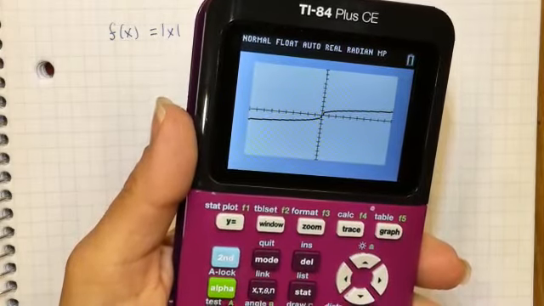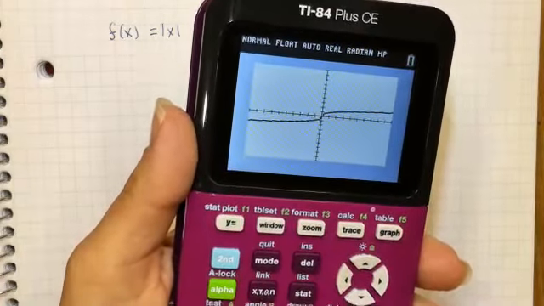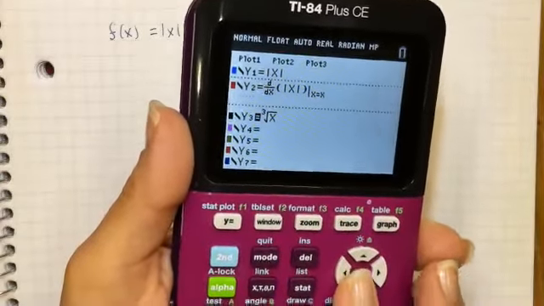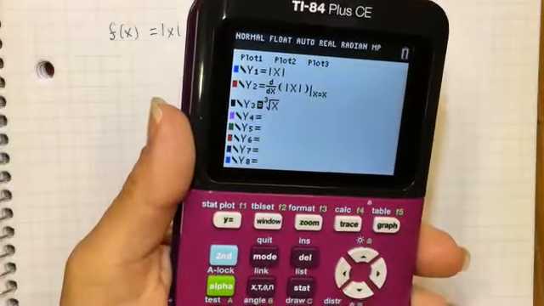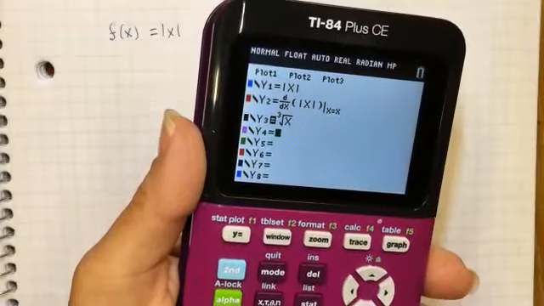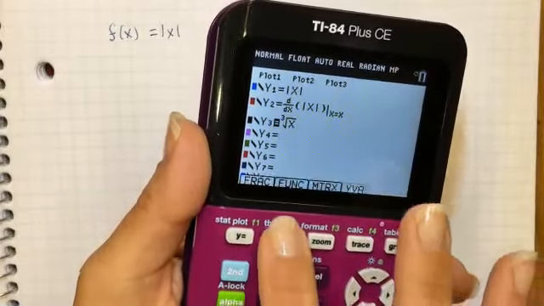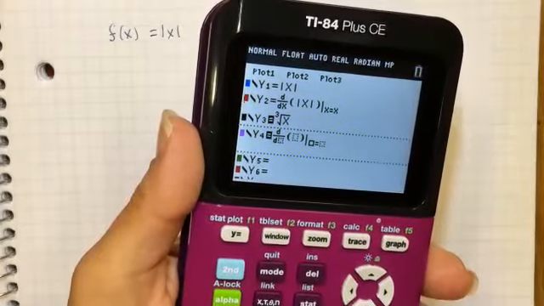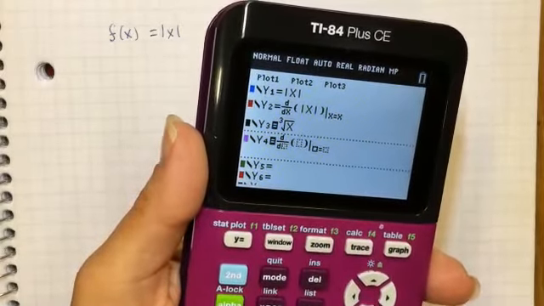And now I want the calculator to graph the tangents. Y equals the derivative of the cube root takes a little bit of time on your calculator. Okay, so alpha, window, number 3, which is the derivative. This funky equation comes up.